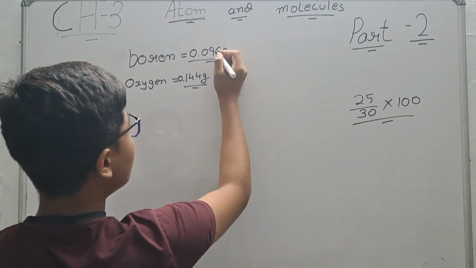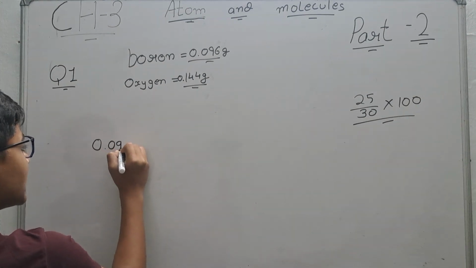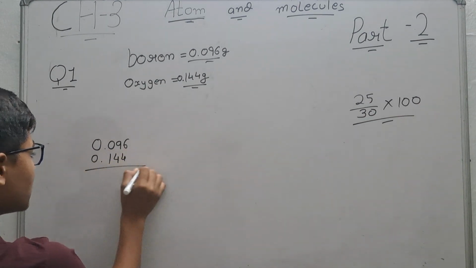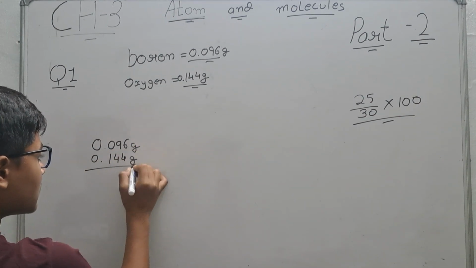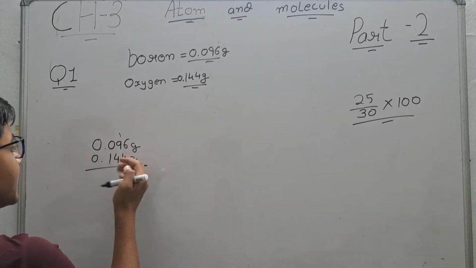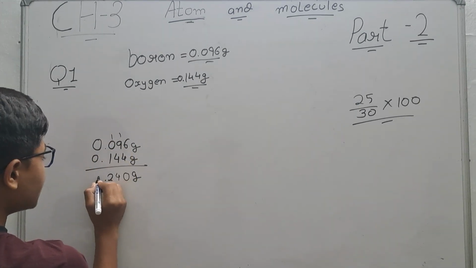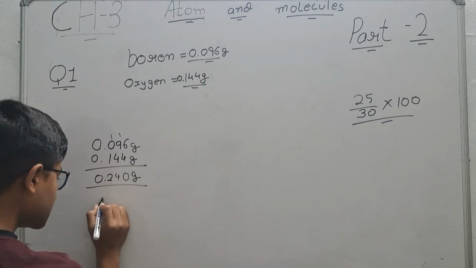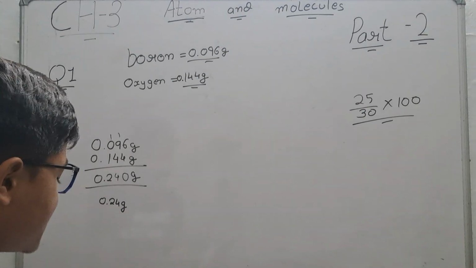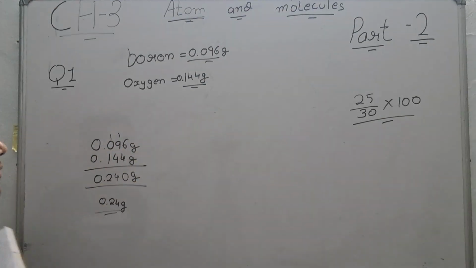So first of all we will take out their total mass. 0.096 plus 0.144: 6 plus 4 is 10, 1 carry forward, 9 plus 4 plus 1 is 14, 1 carry forward, so we get 0.24 gram. It is given in the textbook also, but for our knowledge I have taken it out.